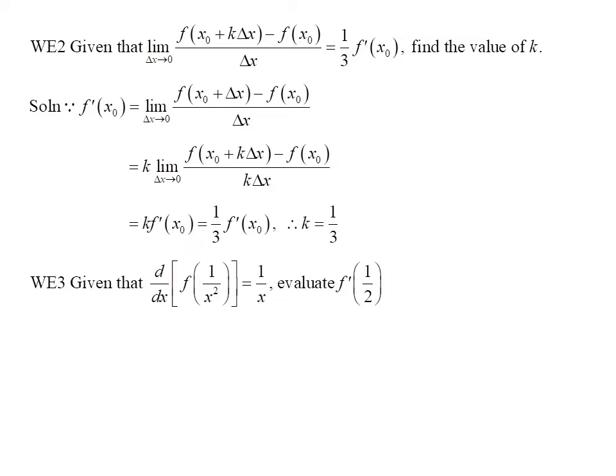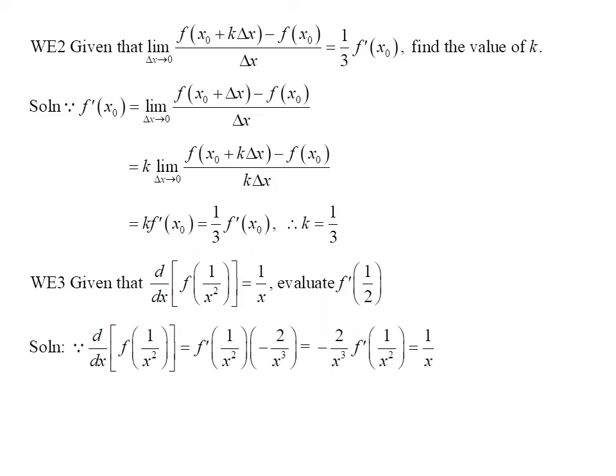Example 3 is to evaluate the derivative of f of x at the point 1 over 2, given that the differentiation of f of 1 over x squared equals 1 over x. According to the chain rule, the derivative of f of 1 over x squared is expressed to f prime of 1 over x squared times negative 2 over x cubed, which equals 1 over x.